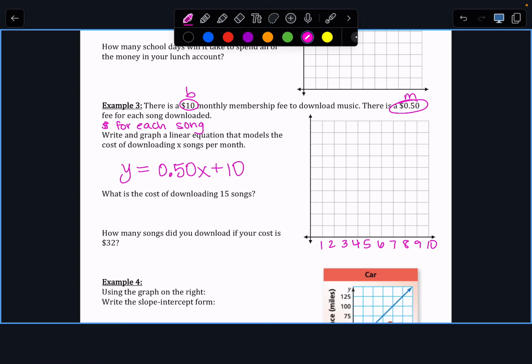So I'm more worried about Y's over X's, dollars per song, rise over run. What's Y, what's X? If we're dollars per song, then we put dollars here per song. Rise over run. Y over X. Dollars per song.